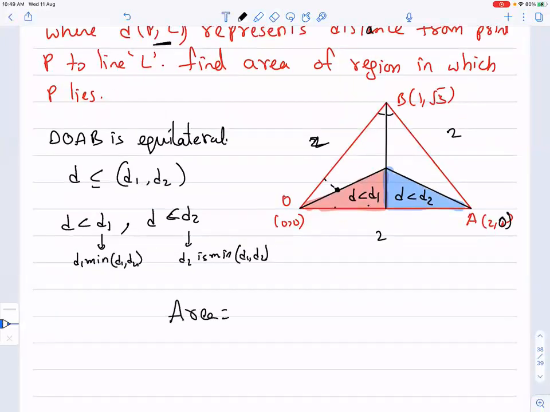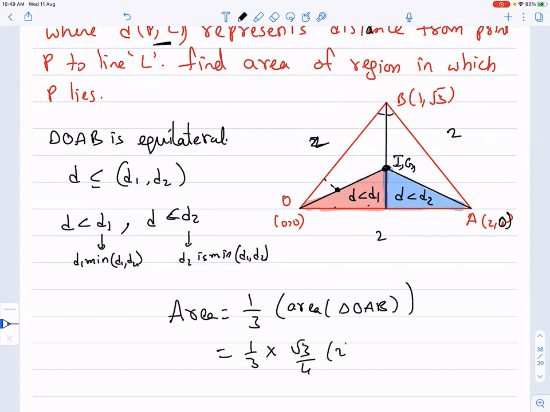Area is 1/3 of area of triangle OAB, because whatever the point we are interested in, that is the in-center as well as centroid as well as all the things, because it's an equilateral triangle. So area of triangle OAB is what? √3/4 A square. So answer is 1/√3.